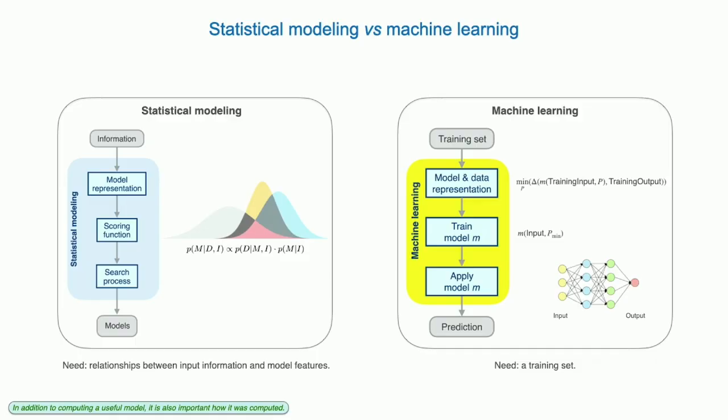Notice you need a training set for machine learning, which you don't for statistical modeling. But you don't need to know anything about the relationship between the input information and the modeled features, which you do need to know in order to formulate statistical modeling. So you are in good shape if you have a training set, but it's a shortcoming for machine learning if you don't.